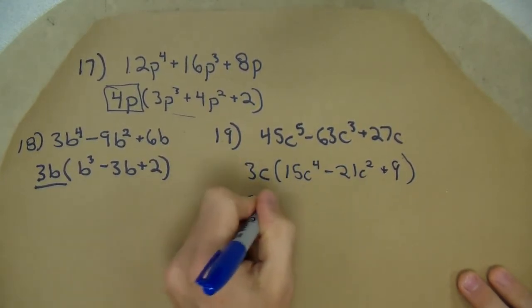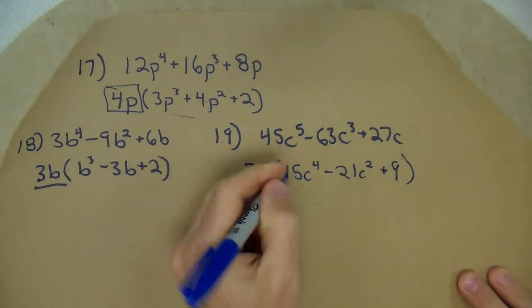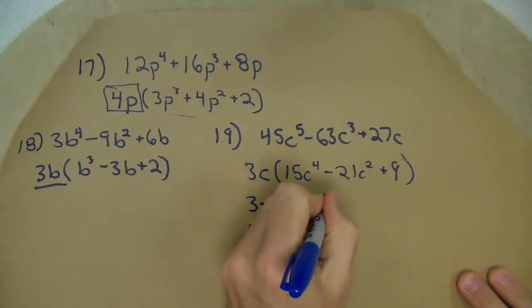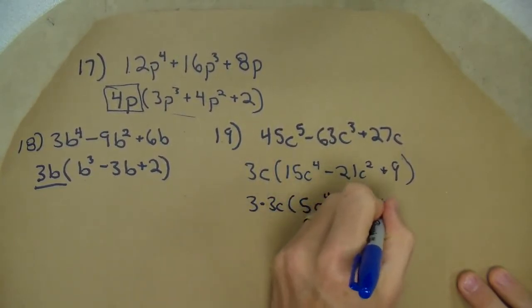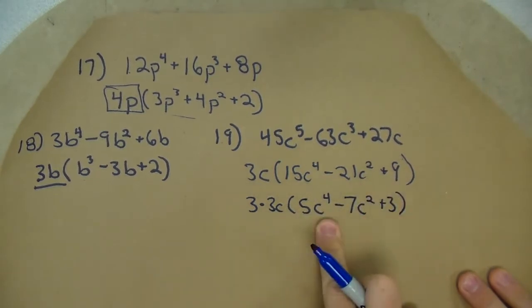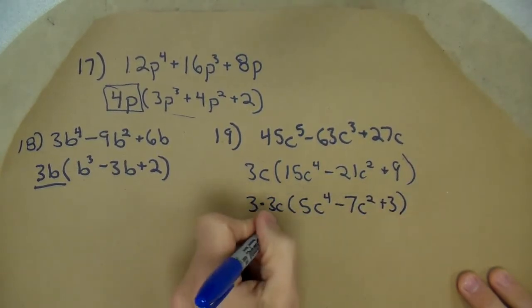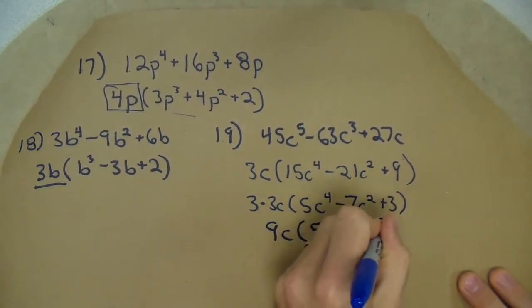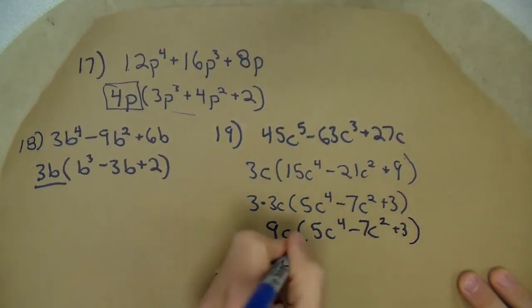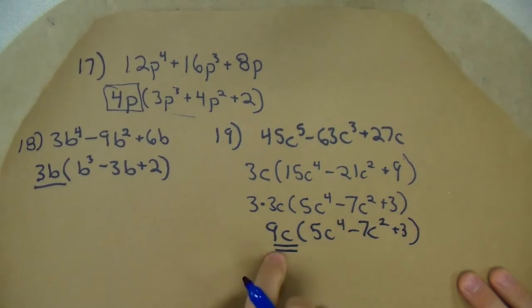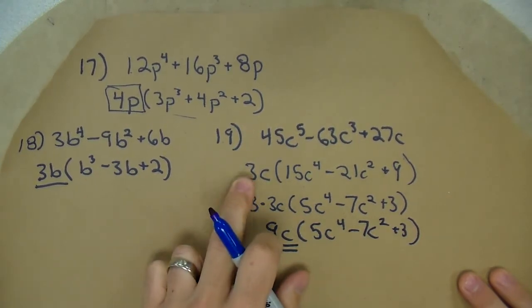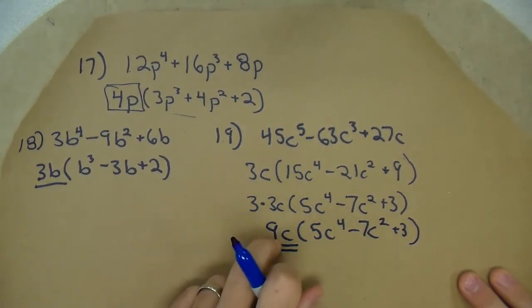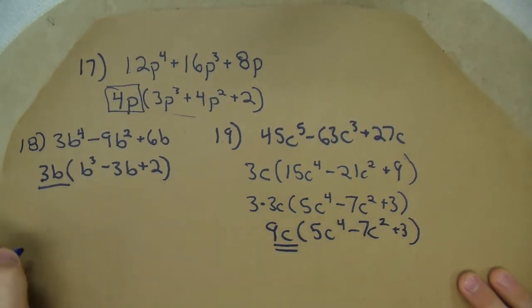So I'm going to take out another 3, put it on the outside, leaves me with 5c to the fourth minus 7c squared plus 3. Now it's factored completely out, and I would write it as 9c times 5c to the fourth minus 7c squared plus 3. And we call it a greatest common factor. That's 9c. A factor of it is 3c, but the greatest common, again, is 9c.